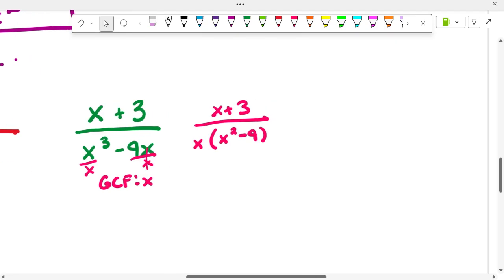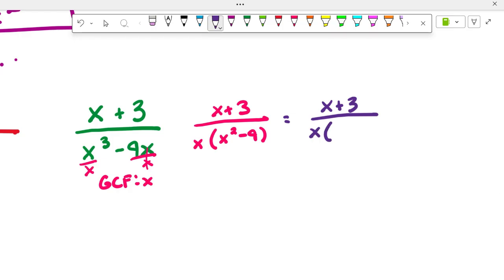What's true about x squared minus 9? It's a difference of squares. So how do I factor that? Square root them. So what are the two square roots that I'm using? X and 3. So how do I write out my two factors?